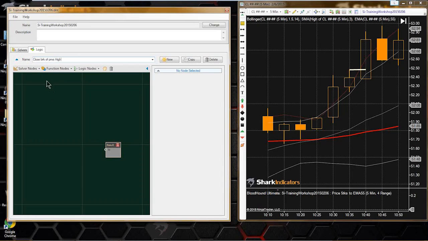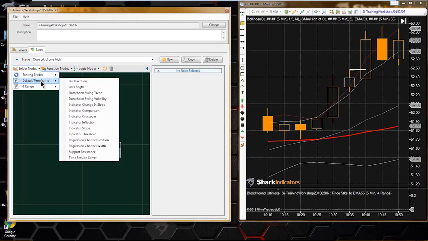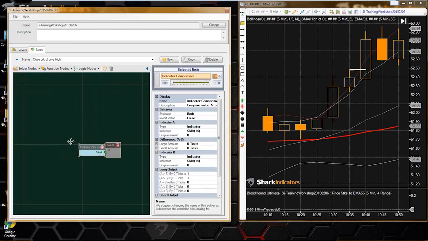All right. So the closing break of the previous high. Let's see. I think we can just use a simple comparison solver for this.